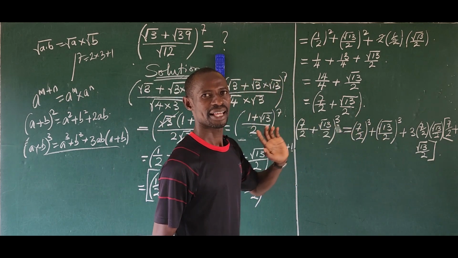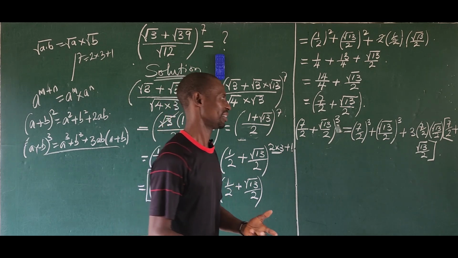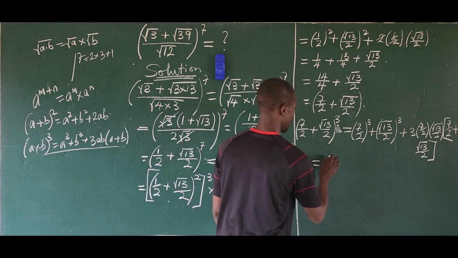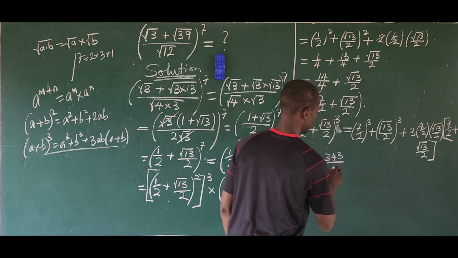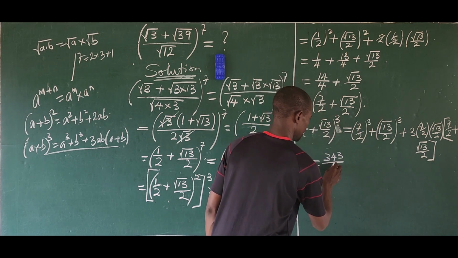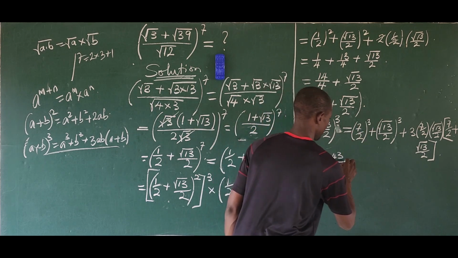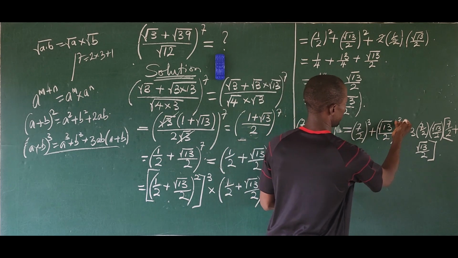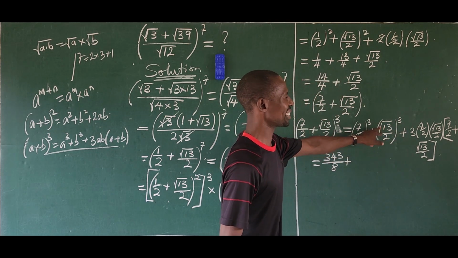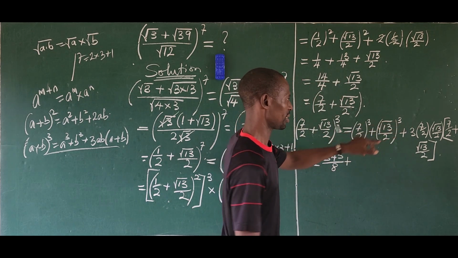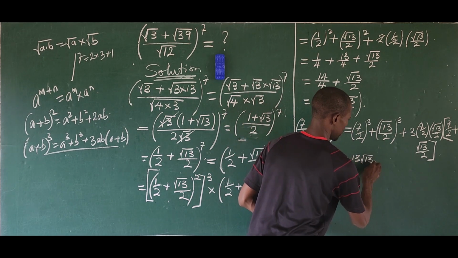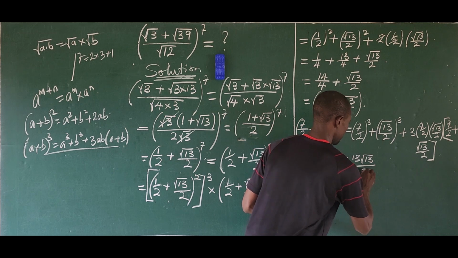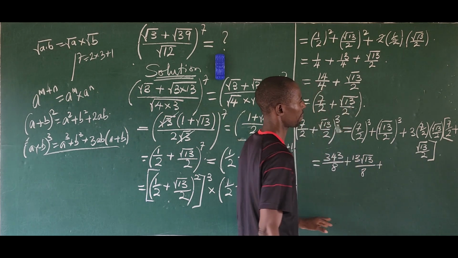That will give us 343, right? So this is going to give us 343 all over 2 to the power of 3, which will give us 8 here, then plus this will give us 13 root 13. So we have here 13 root 13 all over 8, then plus.